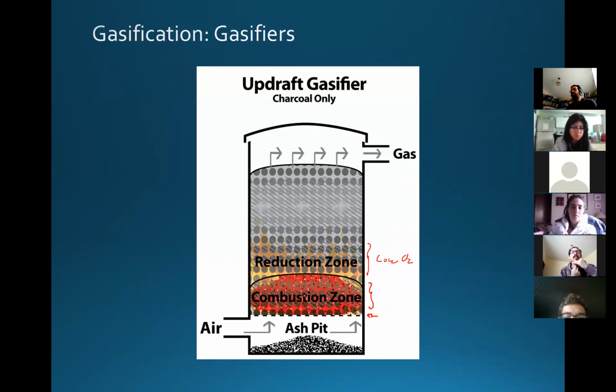So in that zone, the reduction can take place. We have high energy because the combustion zone gives us a lot of energy, and now we can use that energy to do the reduction of the carbon dioxide and water. At the top of the gasifier, we obtain a gas that is CO, hydrogen, and a little CO2 and a couple of other things.